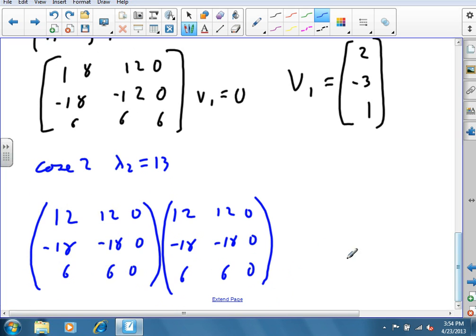Alright. This row, that column. Okay, so I got 144. Wish this calculator did matrices. Unfortunately, it doesn't. Okay, so I got 144 minus 12 times 18 equals minus 72.